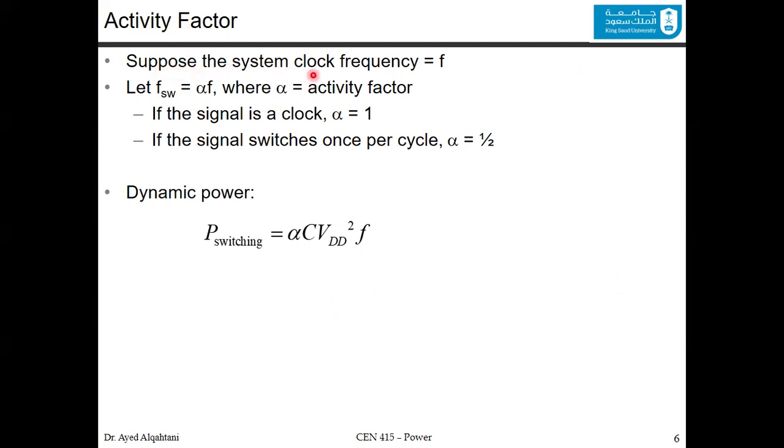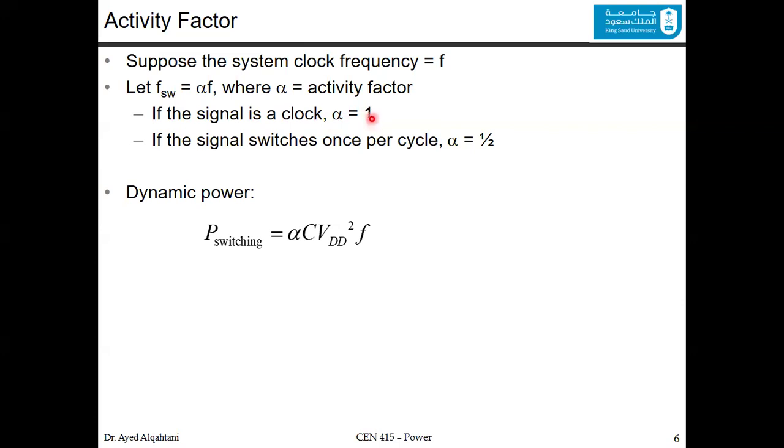Suppose the system clock frequency is equal to F. Now the switching power will be equal to alpha times F, which is the system clock frequency, where alpha is the activity factor. If the signal is a clock, alpha will be equal to 1.